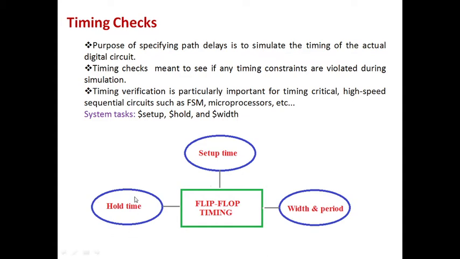Path delays consider everything from source pin to destination pin: what logical elements or logical blocks the signal is passing through, everything. The path delay focuses on all of these, and that is why we get better accuracy.